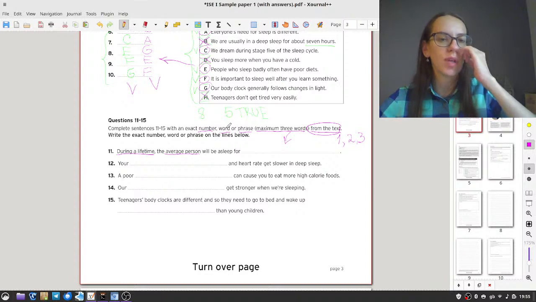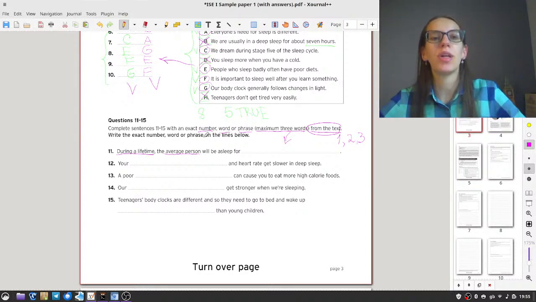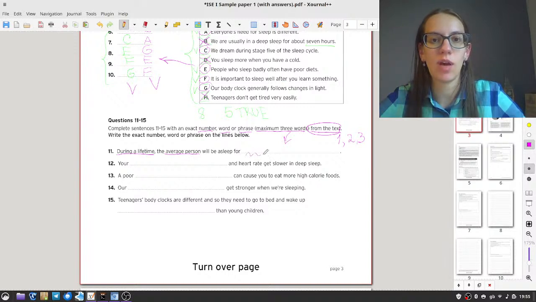Not for example every day. But during a lifetime, during our whole life, how much do we sleep? So we'll be asleep for. What kind of word do you expect here? Well, for some number of something, right?